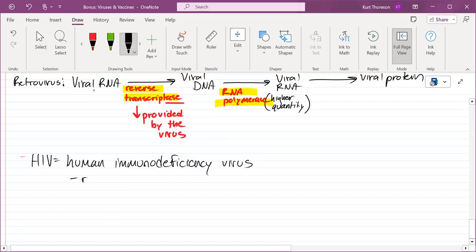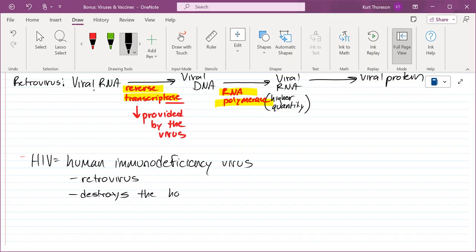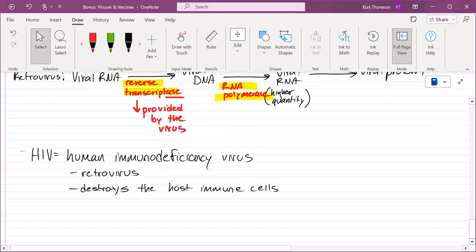It is a retrovirus. It destroys the host immune cells. So when you get HIV, it destroys your T cells, which are like the commanders of your immune system. Without your T cells, you don't have an immune system.